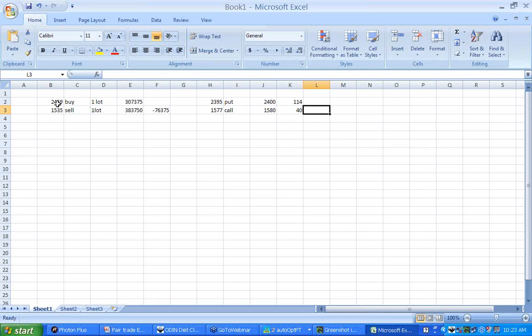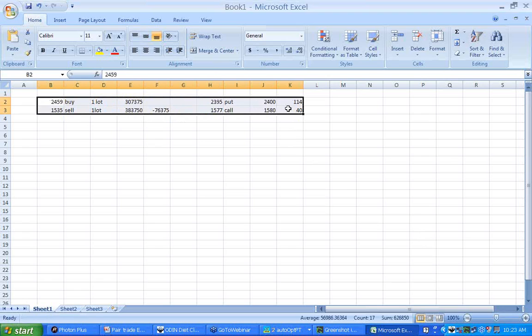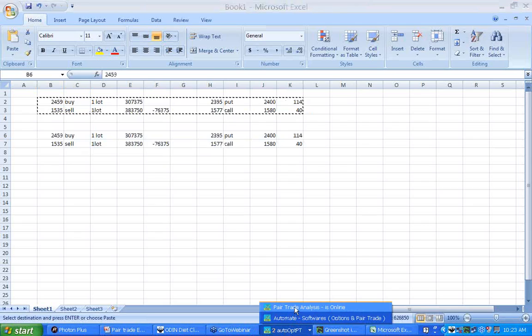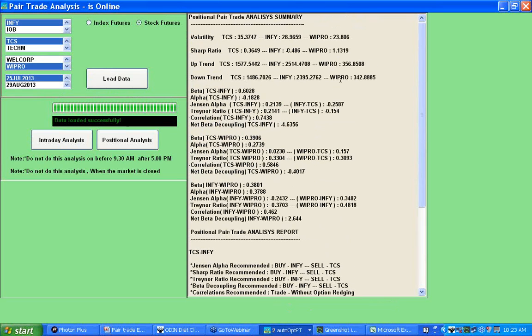Second option: I don't want to pay this much time value. So how can I minimize it? Go back to your pair trade analysis once again. Infosys you have bought, and its uptrend is saying 2514.